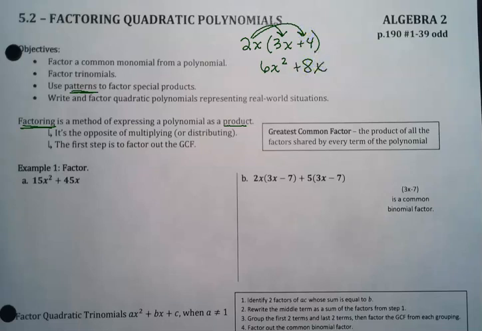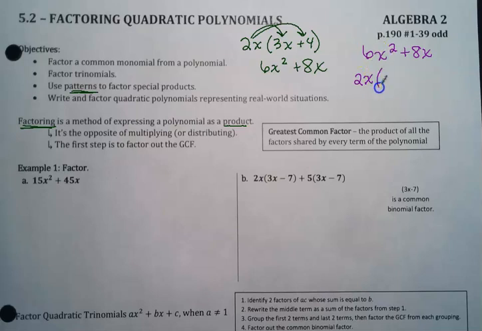Today, what we're doing is we're starting with this 6x squared plus 8x and saying, hey, what do both of these terms have in common? So 6 and 8 have a 2 in common, right? And we have an x squared and an x. So this part of our term has an x. So we're going to take this 2x and we're going to pull it out.